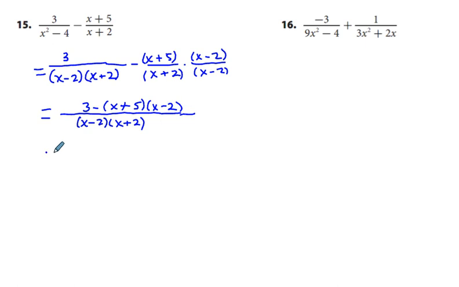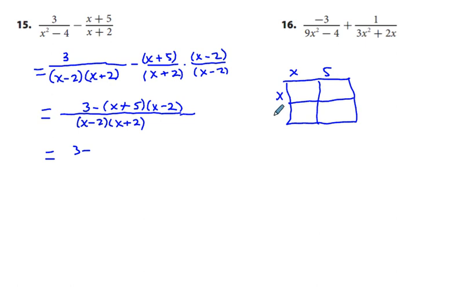So we have 3 minus, and when we multiply all these together, we can just do a little sidebar on the right if we want to. Multiplying together two linear binomials shouldn't be too bad, but we have x plus 5, x minus 2.